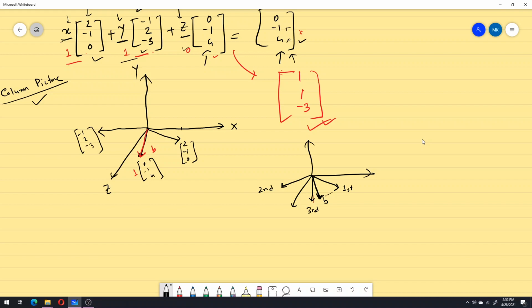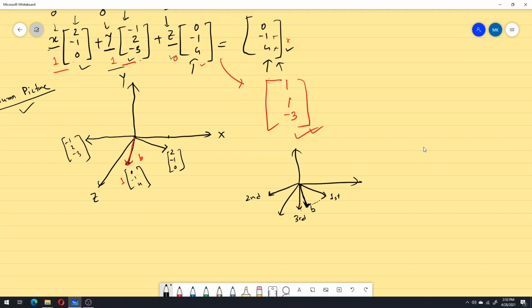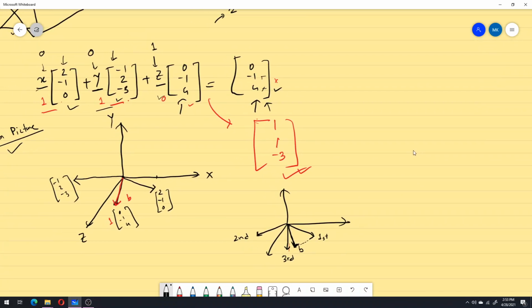What we have learned at this point is that we have solved two different B's for one particular combination of the linear system.